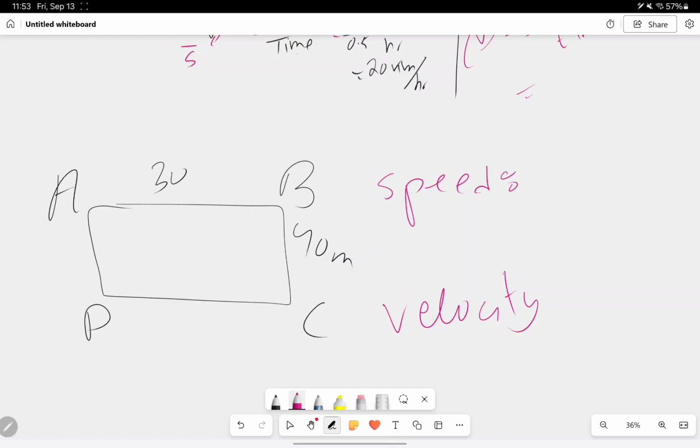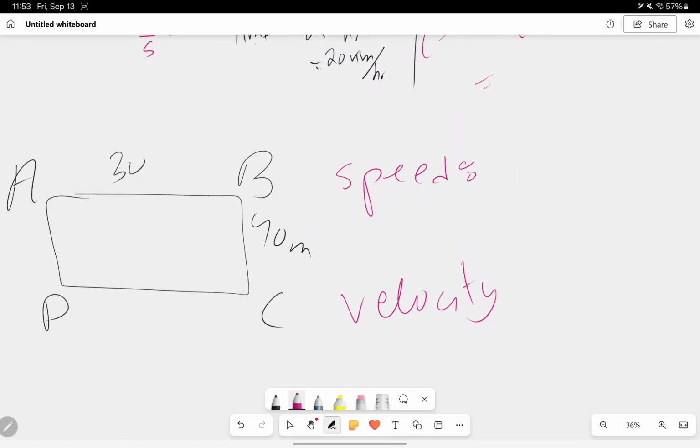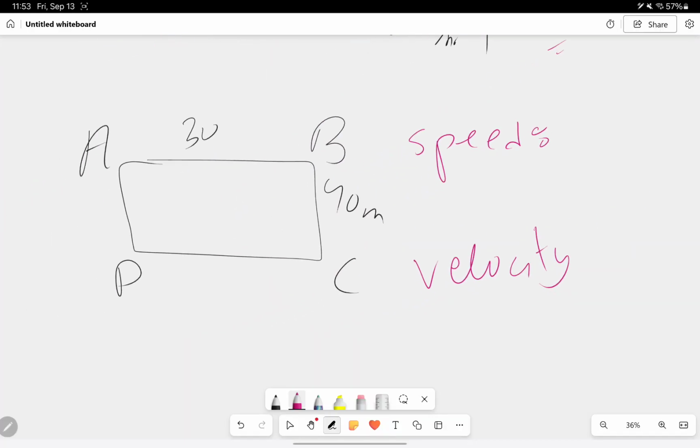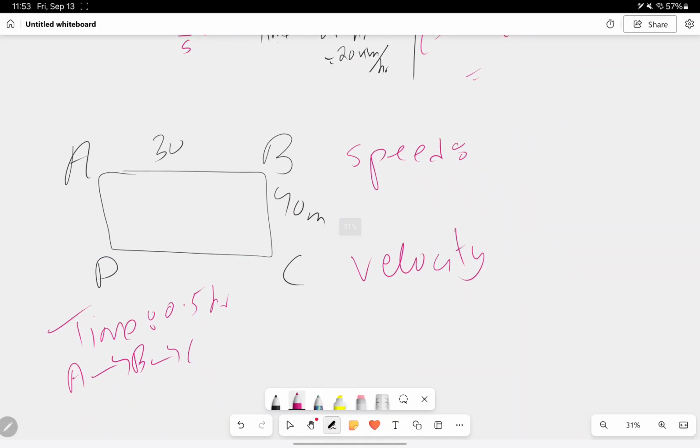So speed is going to be distance over time. And let's assume the time taken for moving from A, then to B, then to C, is for example 0.5 hour. So speed is just distance over time taken.